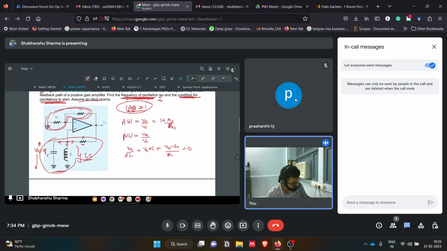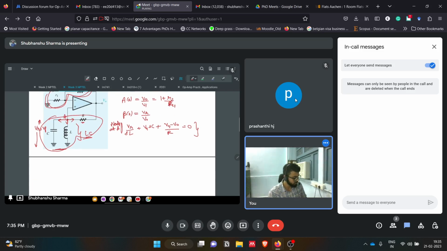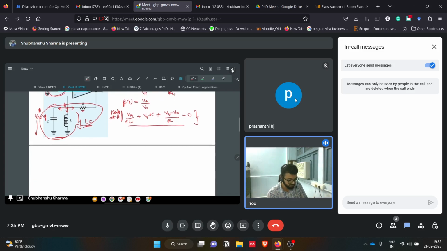We have simply used nodal analysis at node A. If we simplify this, we get VR by V naught in the S domain, which will be S squared LRC plus SL plus R in the denominator.